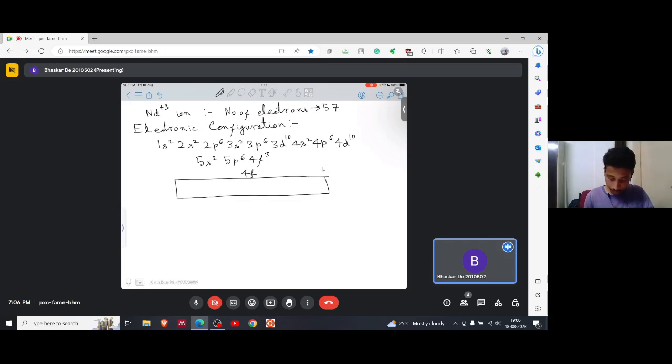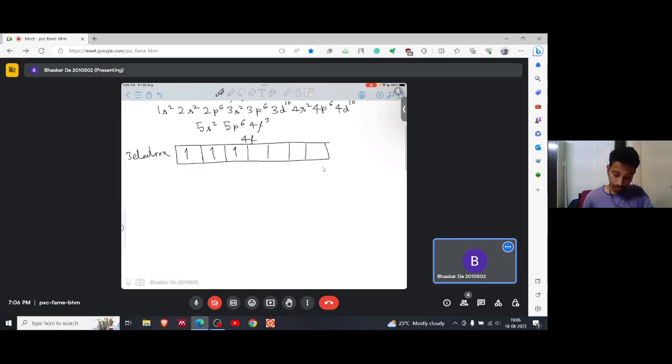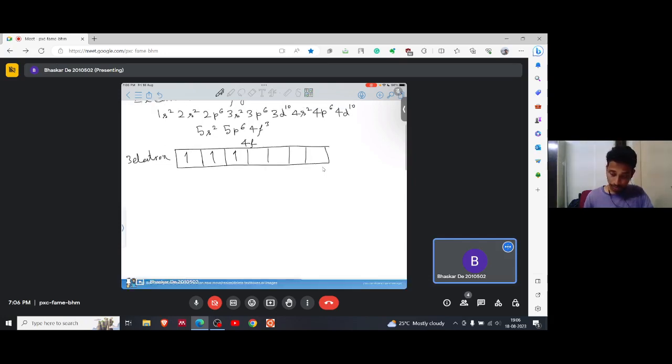Now for 4f there are 7 boxes, and there are 3 electrons. So the 3 electrons go here, like this.